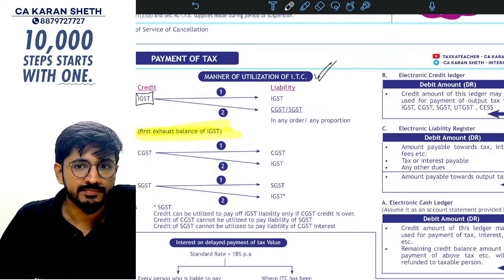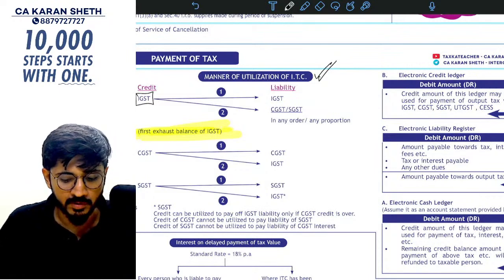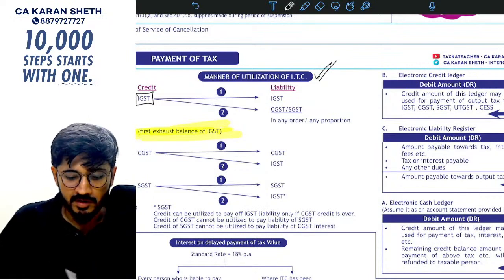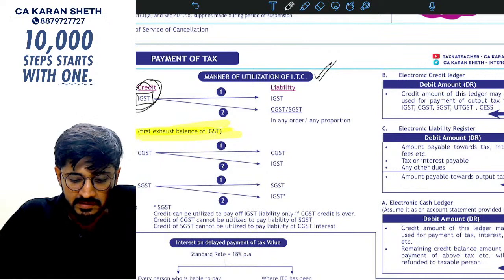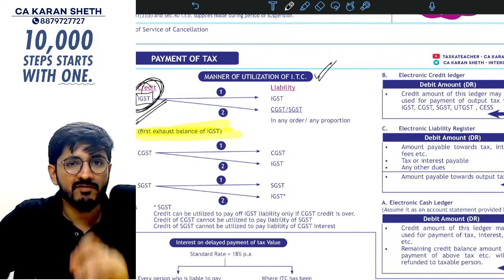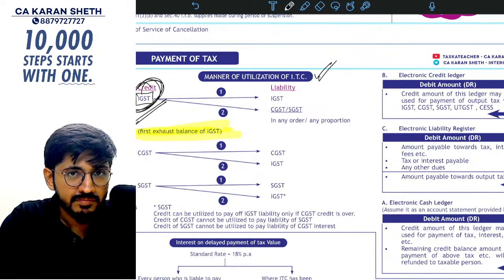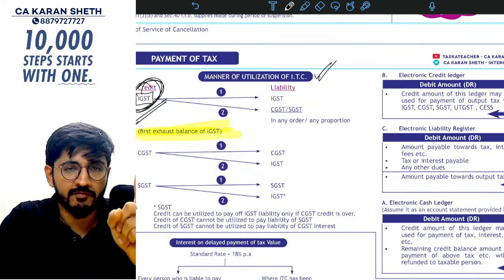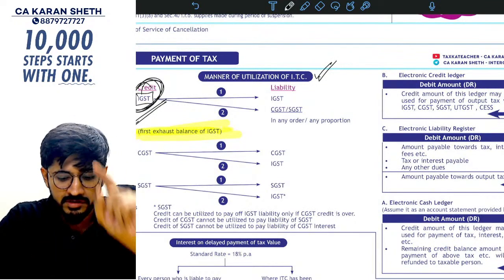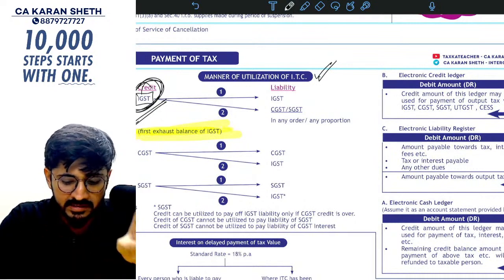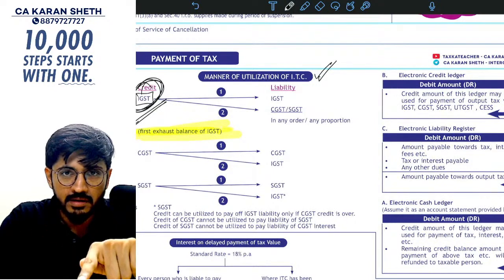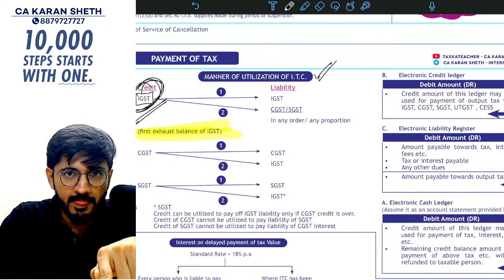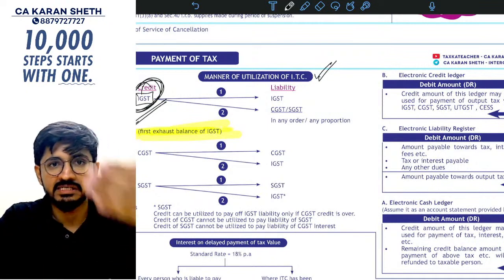Is that very clear? So if you have an IGST balance, you will first knock it off. First knock off the IGST balance, and then go ahead with CGST and SGST.